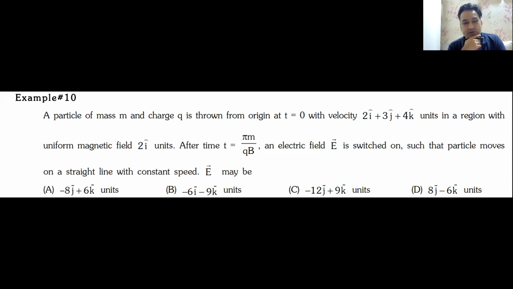In a region with uniform magnetic field 2i along the x-axis, after time t equal to 2 pi m by qB, an electric field is switched on such that the particle moves on a straight line with constant speed. What is the value of E?